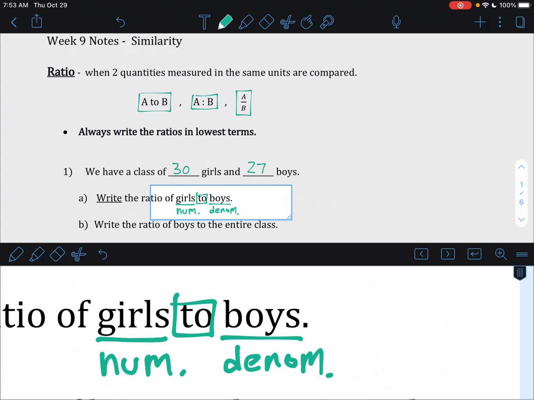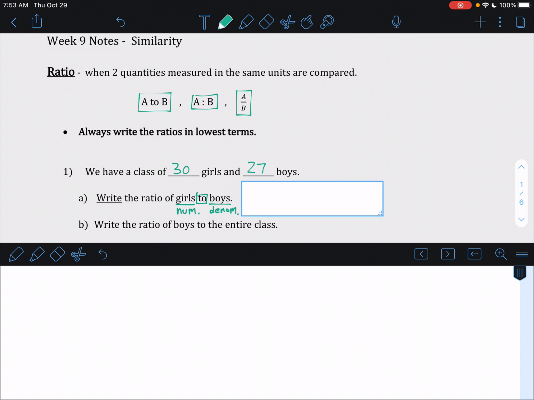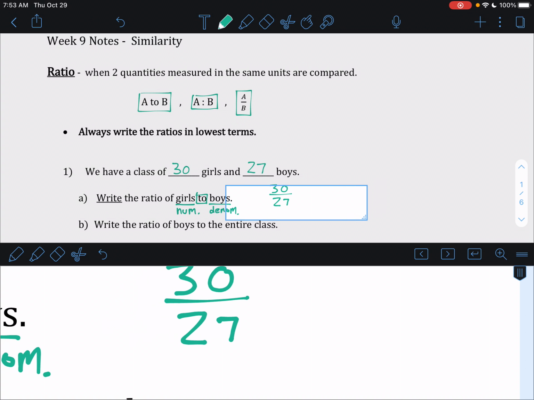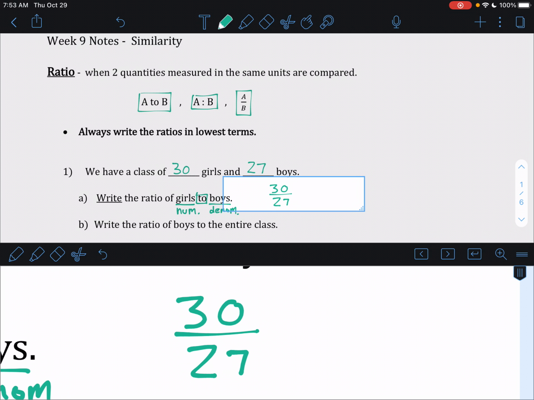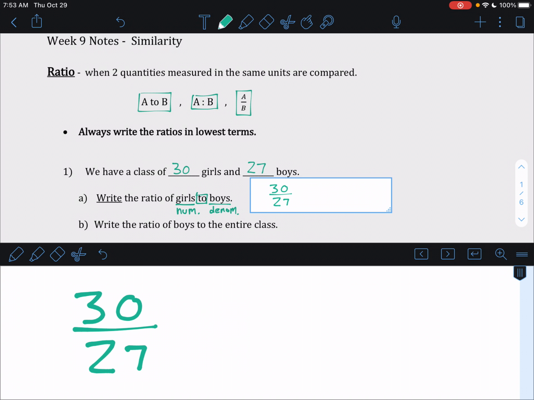So let's see. If I have 30 girls to 27 boys. Boys are the denominator, girls are the numerator. I want to reduce this fraction, so I need to find a number that goes into both of these, and sometimes it's not going to be able to be reduced.